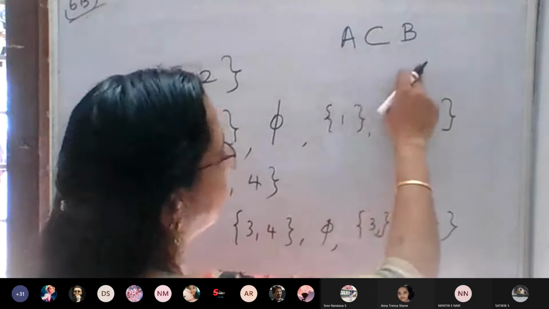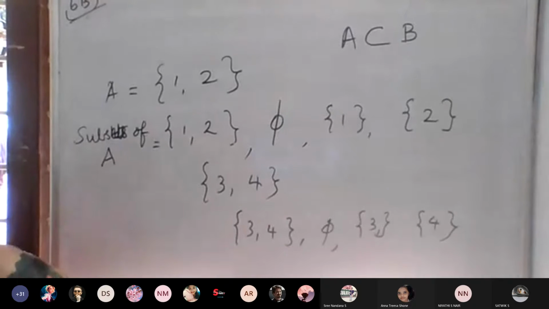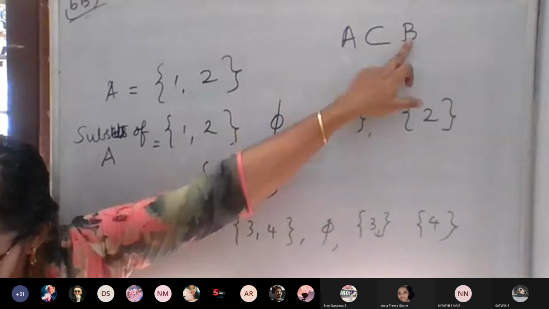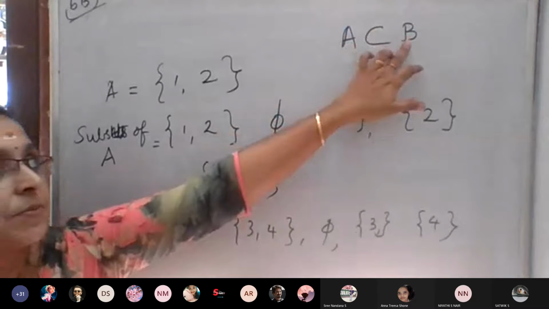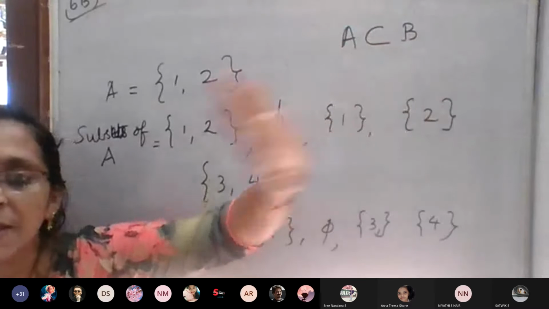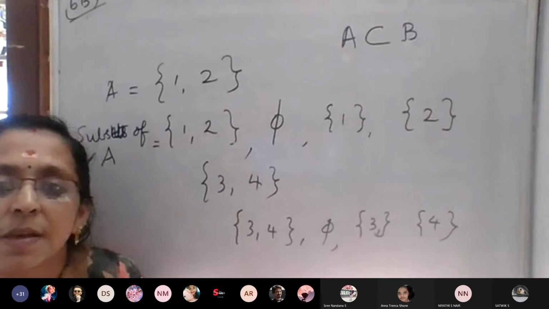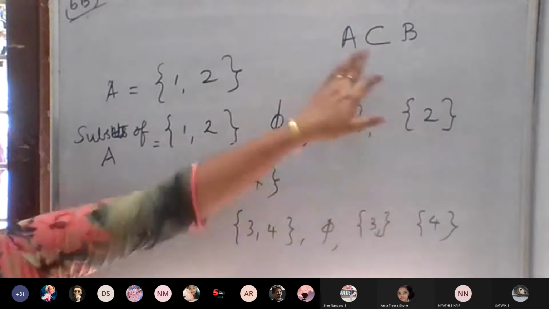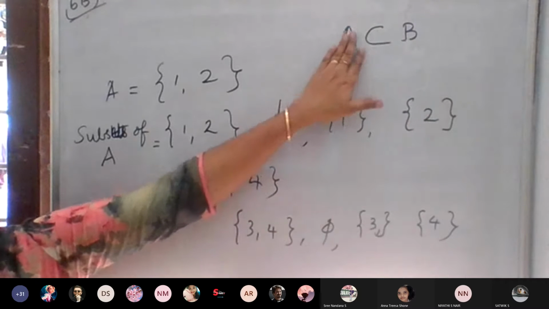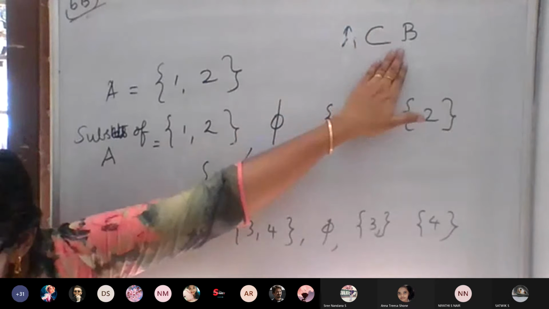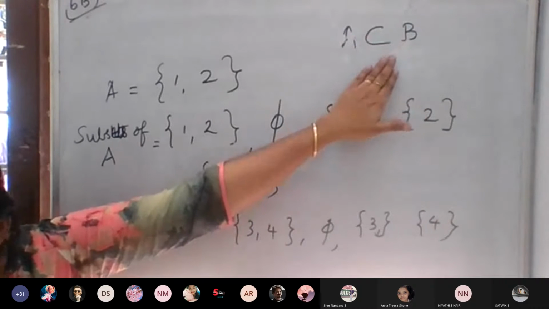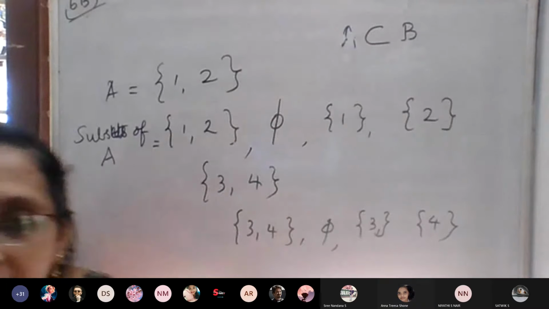A is a subset of B means if all the elements of set A belong to set B, then set A is said to be a subset of B. If all the elements of A belong to B, then we can say A is a subset of B.